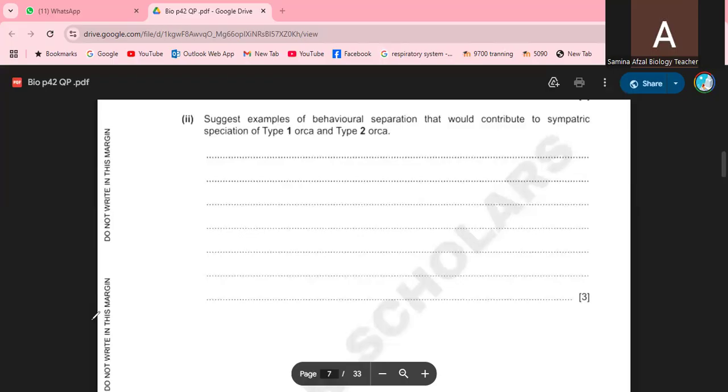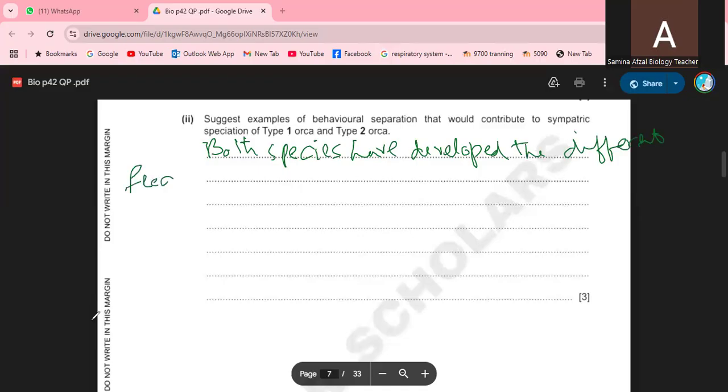So both species have developed different feeding habits.